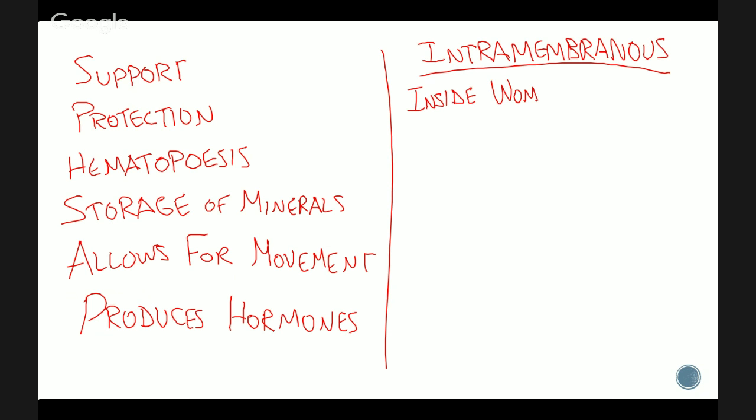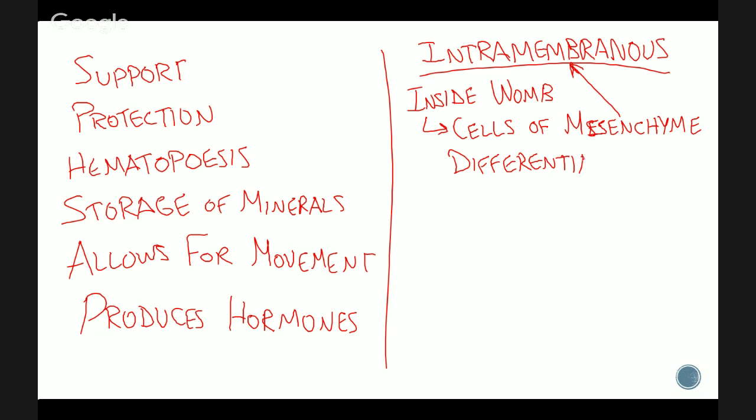Yep, so the cells of the mesenchyme, which is the embryonic membrane, differentiate, that's the fancy word, into osteo what? Blast. Got it, osteoblasts.